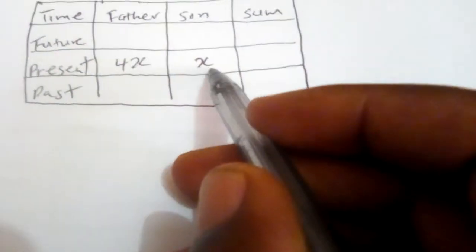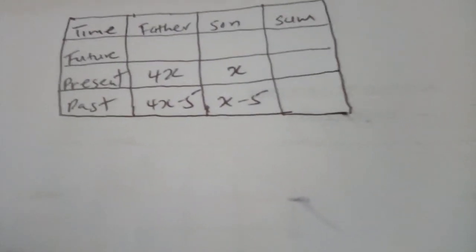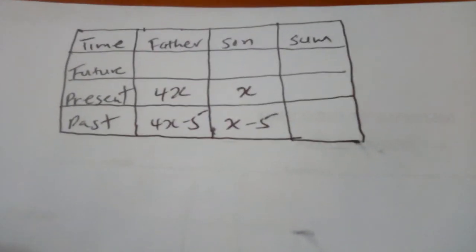So we are going to take this age of the son and we subtract 5 years to go to the past. So we take x minus 5 and we do the same thing to the father, because we are subtracting 5 years from each person to know how old they were 5 years ago. So it means the father was 4x minus 5 and the son was x minus 5 years.